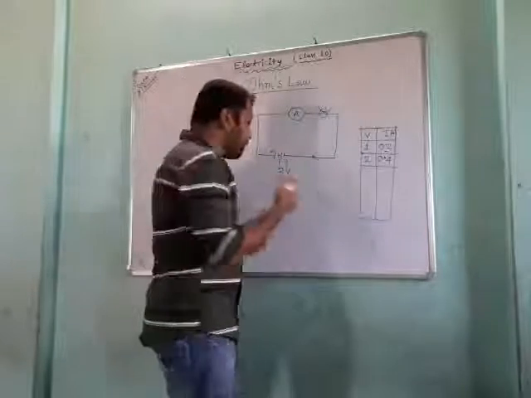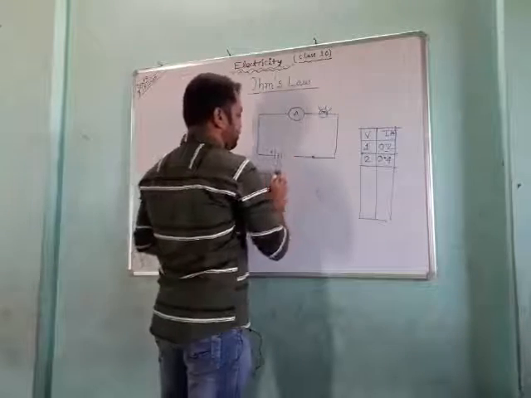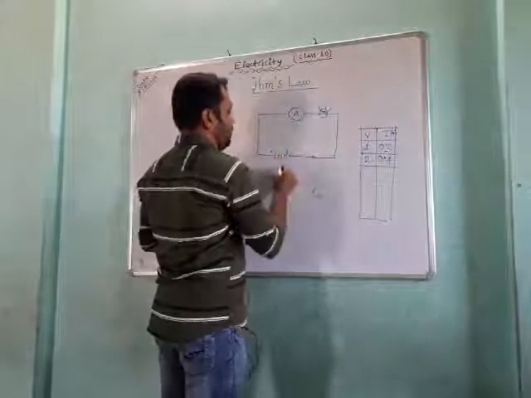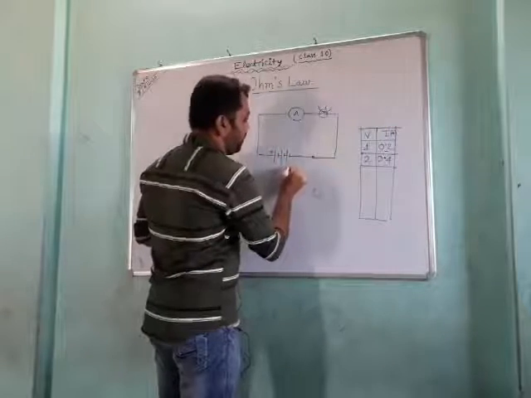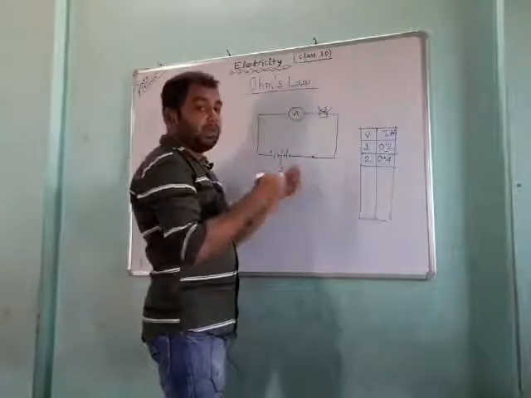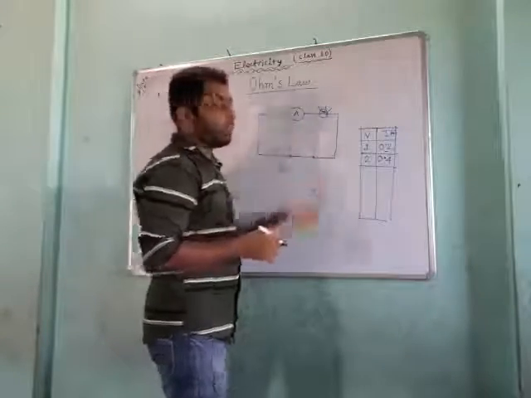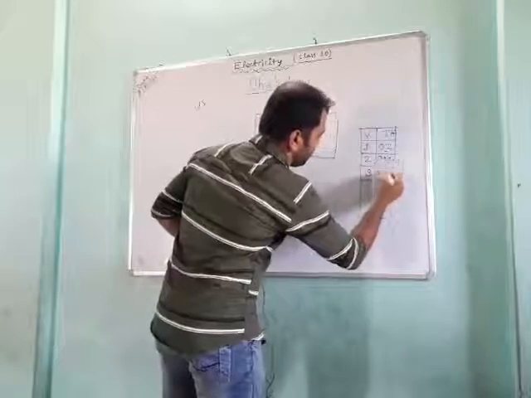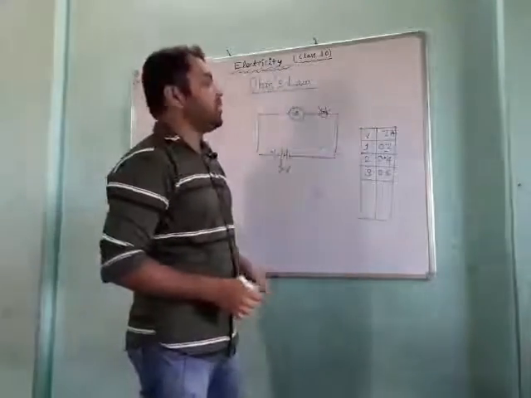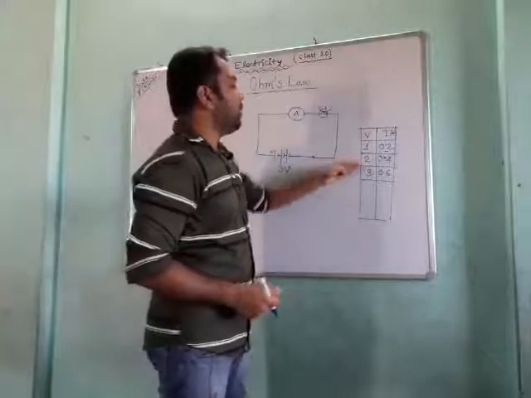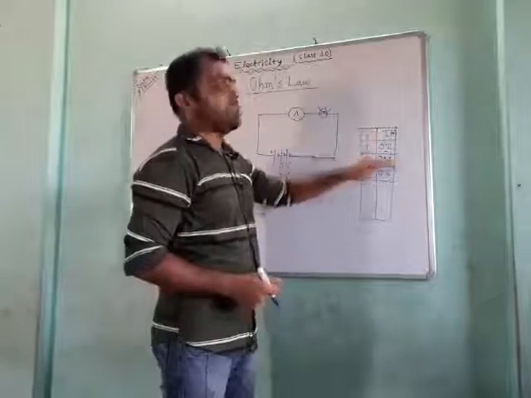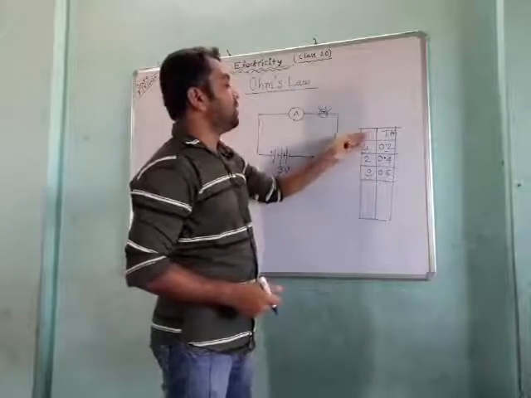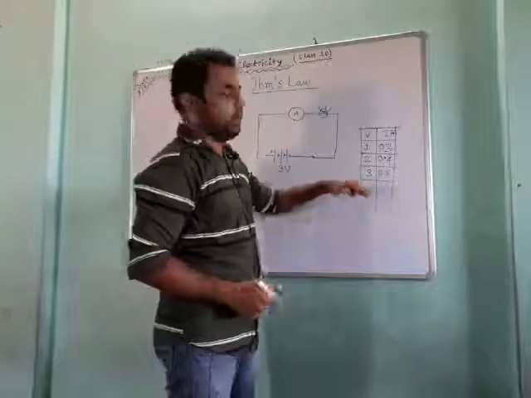Now what if we triple the batteries? The potential difference will be 3 volt. Similarly, the ammeter will give us a reading of 0.6. Now we can see very easily, if we double the potential difference, the current also gets doubled. If we triple the potential difference, the current also gets tripled.